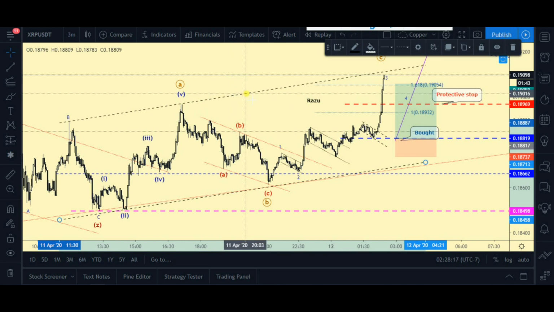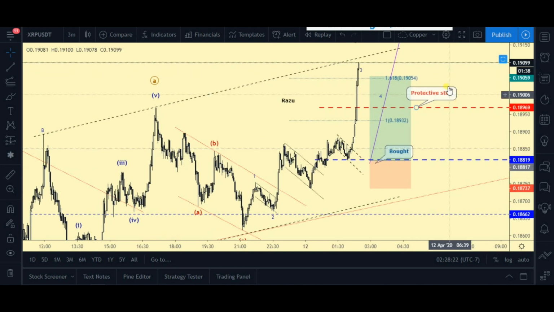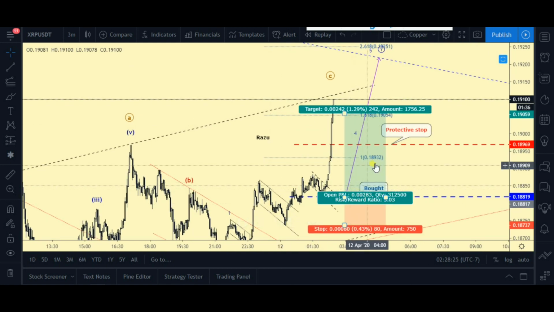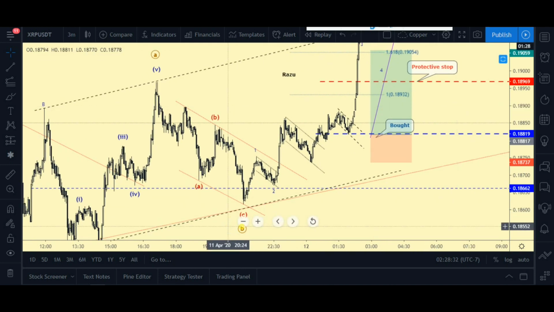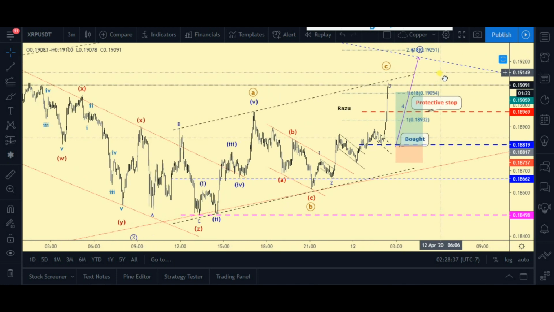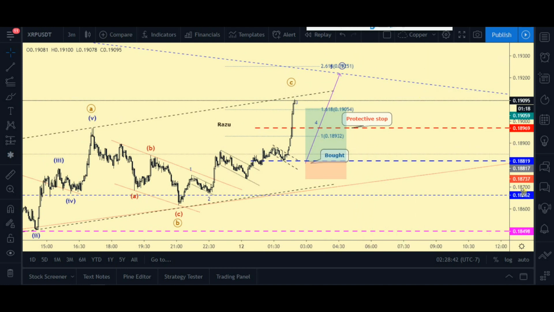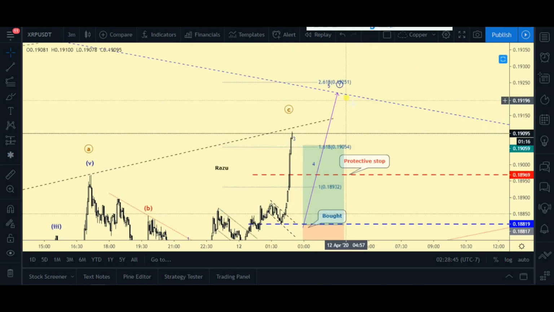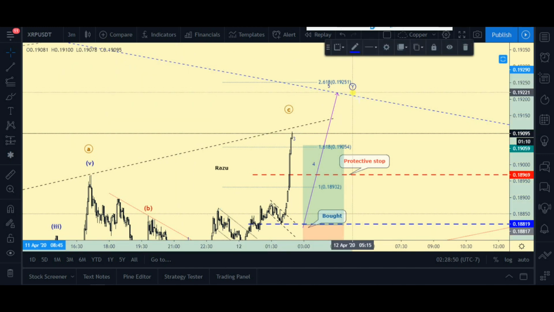If the resistance is broken, we can expect this move to be not a corrective, but more an impulsive move, since I'm looking at this as a B and C corrective pattern. But if the channel breaks, that might be more like an impulsive move, and if this upper trend line is broken, that will give a much stronger confirmation that this trend could go much higher than this.